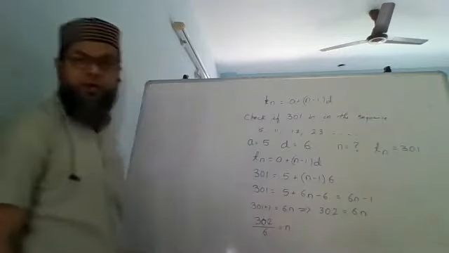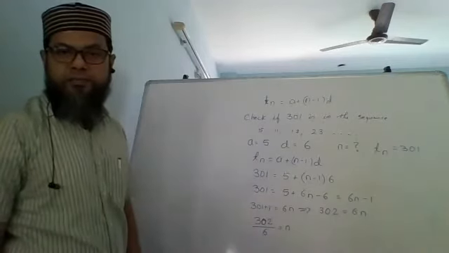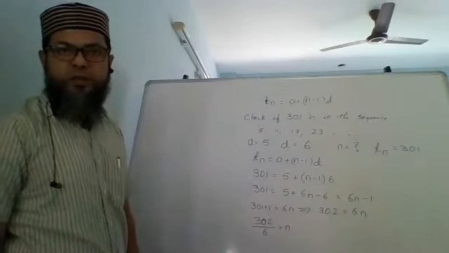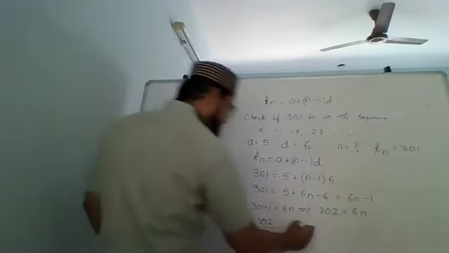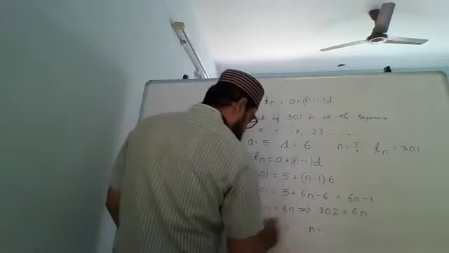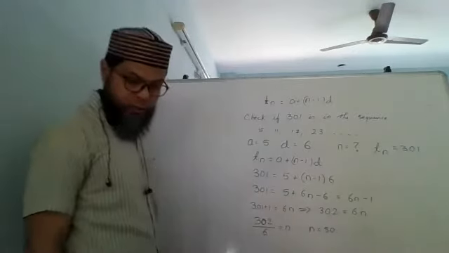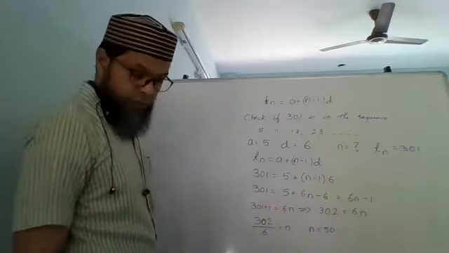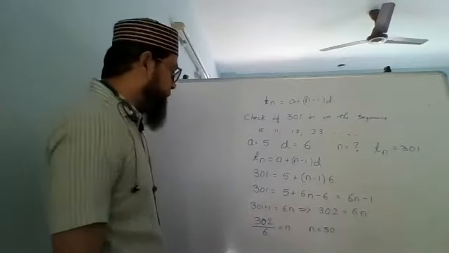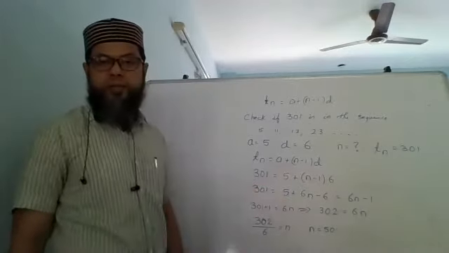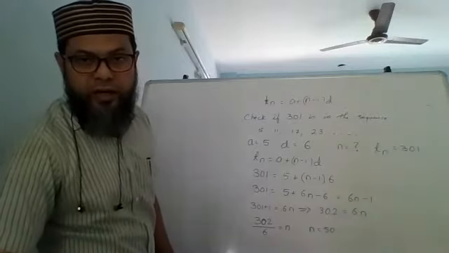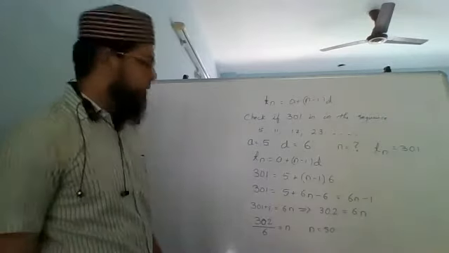Now divide 302 by 6. So you will get 50 point something something.